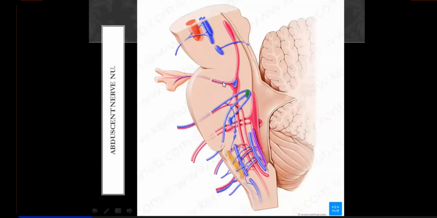Sorry, this is a sagittal section of the brainstem when you see it laterally. So this is the midbrain, pons, medulla, and the blue nuclei are the motor nuclei, and the red ones are the sensory nuclei. And the green one is the nucleus which we are studying right now.